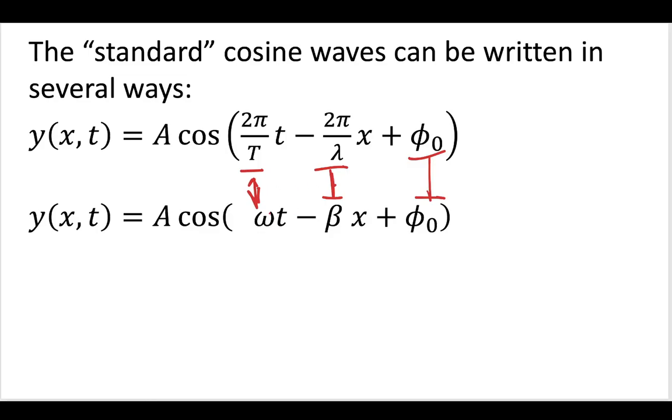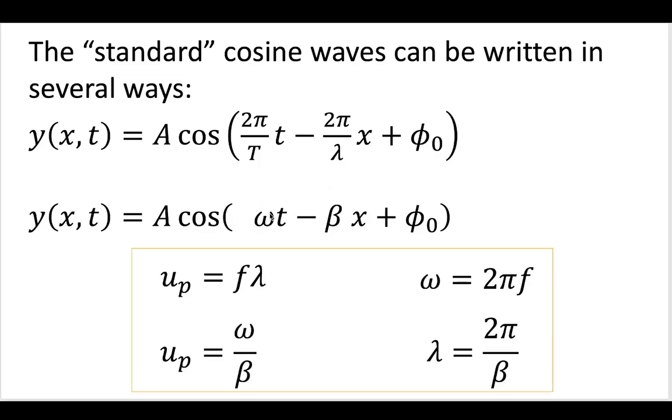These are equivalent ways of writing the same thing. However, it leads us to a series of equations or relationships that you often see in your textbooks, which are basically ways of relating the velocity of propagation, the wavelength, beta, and the frequency.